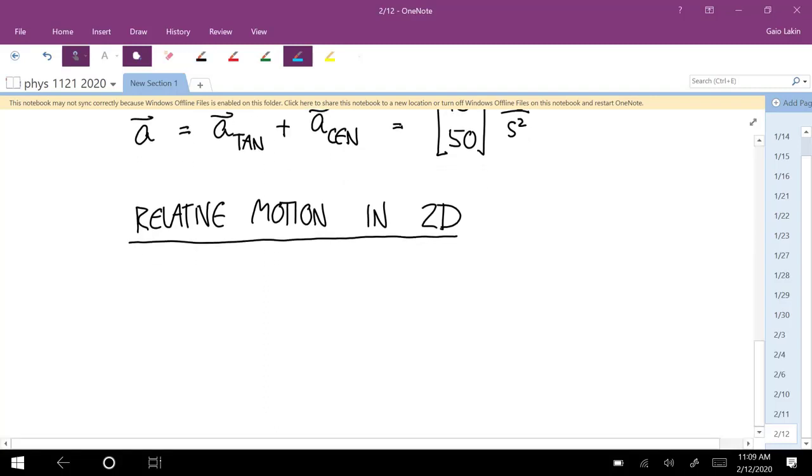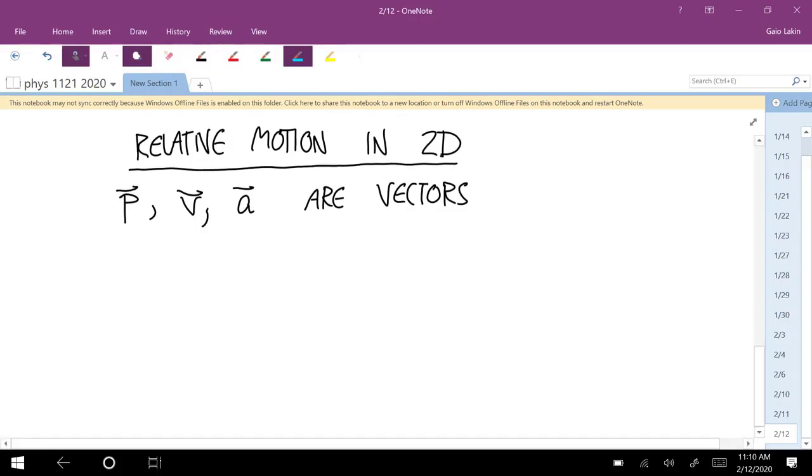And so now position, velocity, and acceleration are all vectors. And you can make sense out of the relative motion equations if you think of it this way.